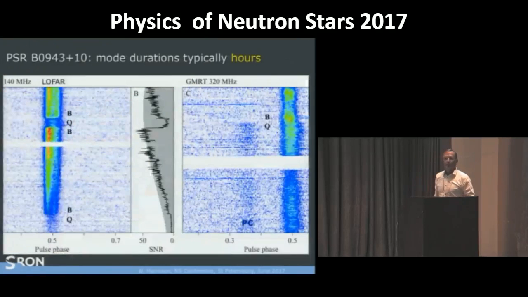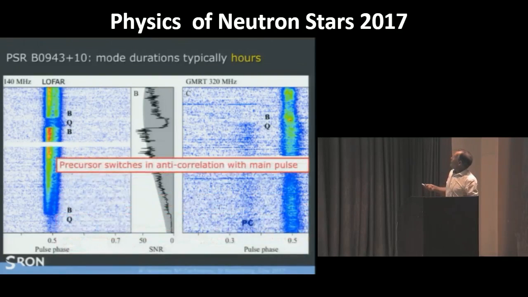Just to show you the types of moding, here you see for B0943 with LOFAR, it's in a bright mode, suddenly quiet and then bright. This is GMRT, you see again, here's the quiet mode, bright mode. The interesting thing is there is also a precursor in front of this main pulse, and that is correlating, in fact, in anti-correlation with the main pulse.